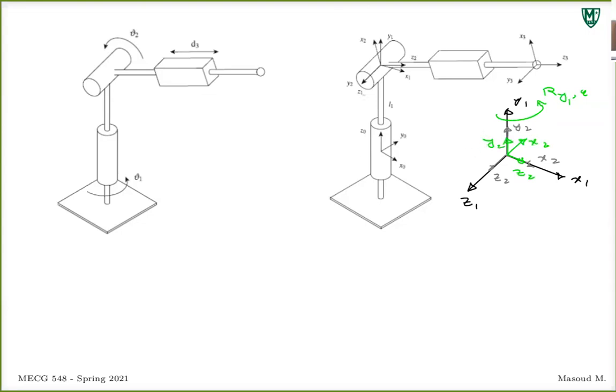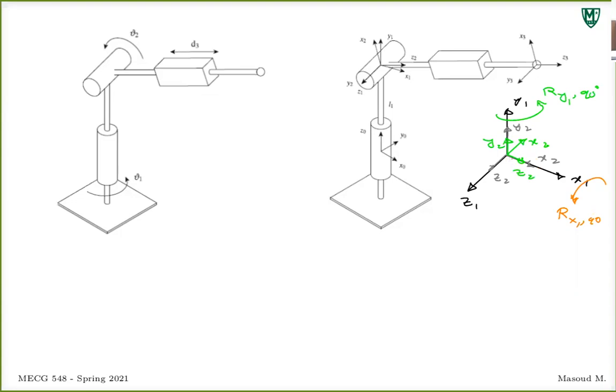And then what's the next step you mentioned? Rotate 90 degrees about x. When I say rotate 90 degrees about x, is it always x1? Yes, rotation always has to be stated in terms of the first, original frame. Okay, so 90 degrees about x1.